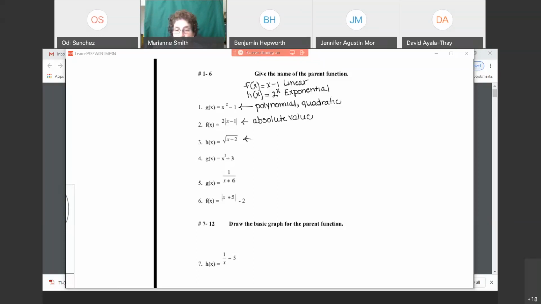How about number 3? What kind of a function is that? Good, Tian, square root. How do you know it's a square root? How about a function that looks like this? What kind of function would this be?